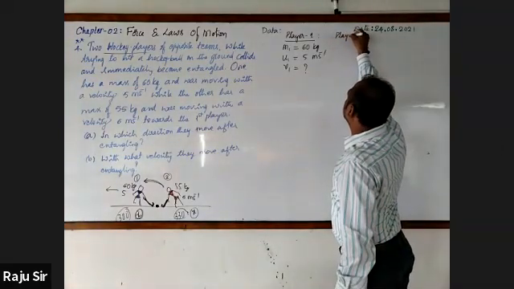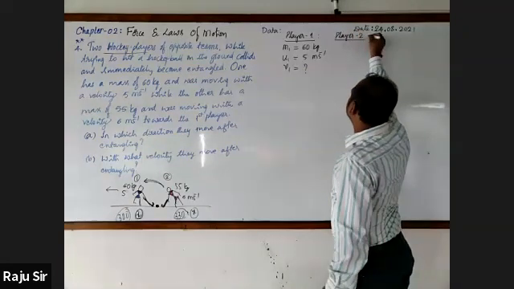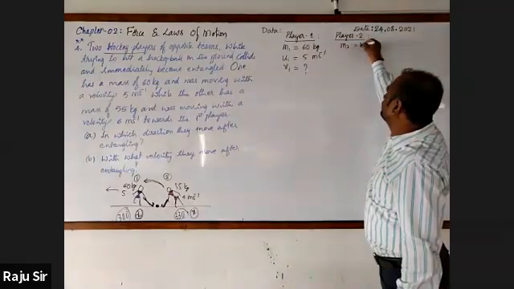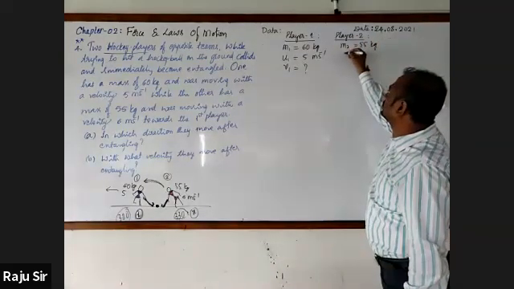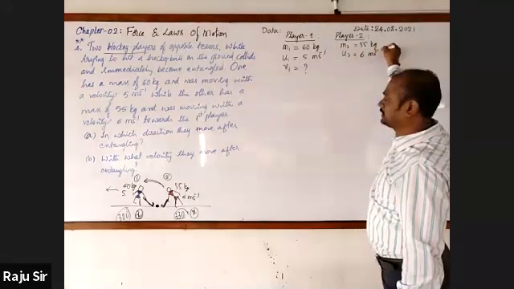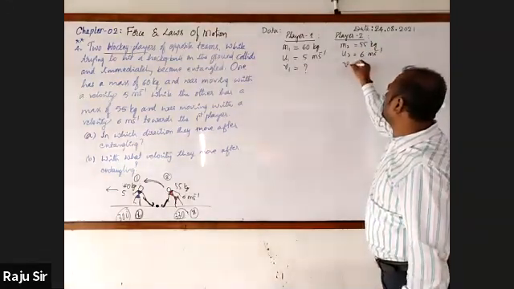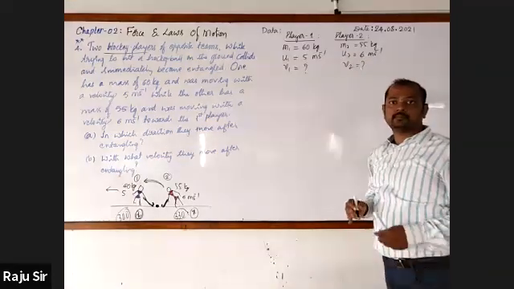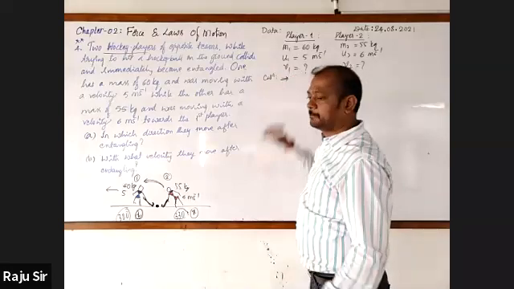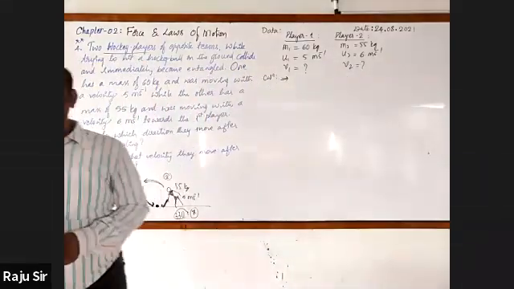Next, player 2. M2 55 kg. U2 6 meter per second. V2 is unknown. Very good. What should we write? X, sir. Take it as X.